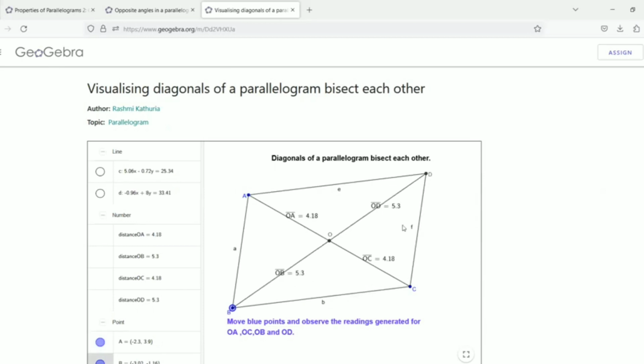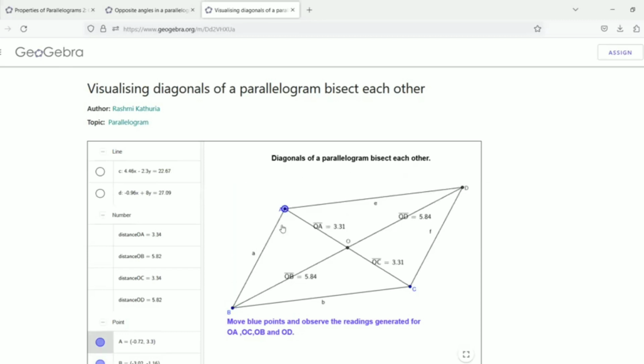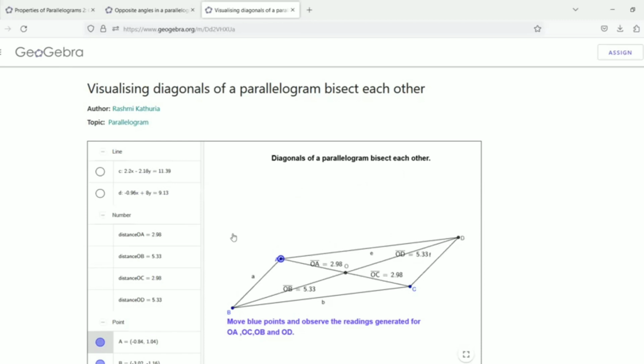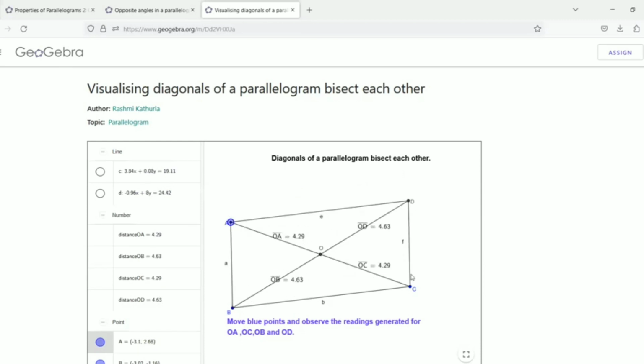Now OB is 5.3, so OD is also 5.3. And if you see the diagonal AC, so OA is 4.18, OC is also 4.18. I try to change this. Look, OA is 2.98 and OC also becomes 2.98. So I hope it is clear.